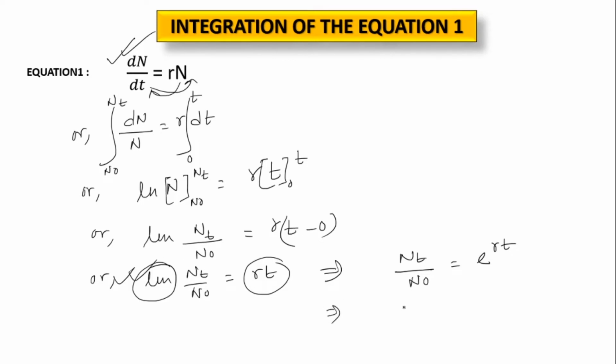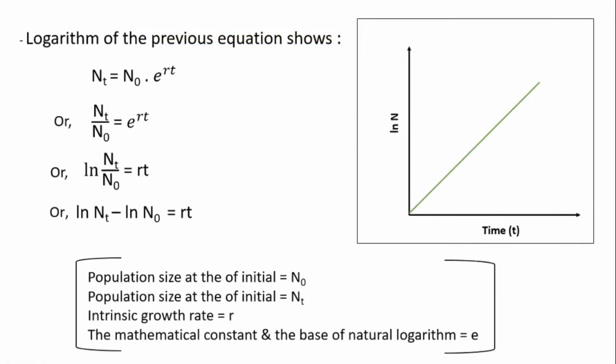So in our next step, we can write that the final population size would be the initial population size into e to the power rt. So this is the exponential growth curve formula. Taking the logarithm of this formula, we obtain ln Nt minus ln N0 equals rt. As we know, ln (x by y) equals ln x minus ln y.